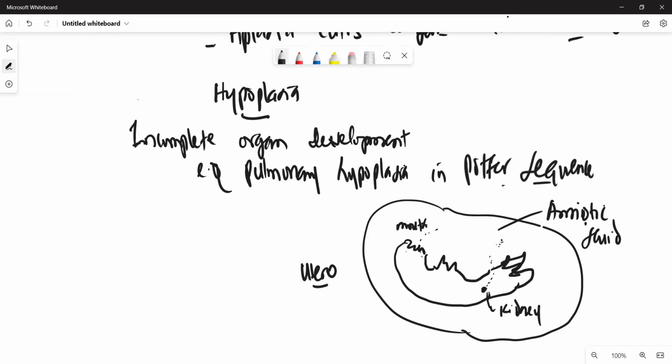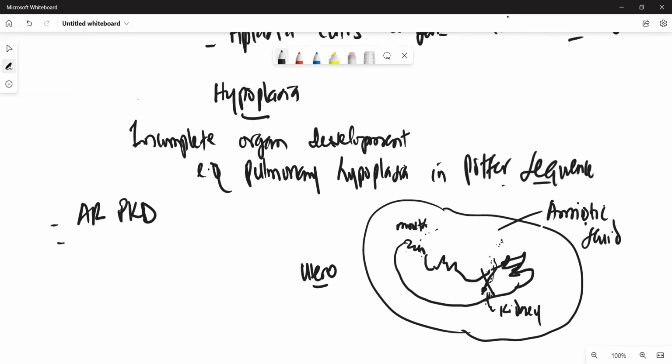So if there's any condition that prevents the fetus from urinating, maybe because they have autosomal recessive polycystic kidney disease, which could occur in the uterus, where on ultrasound you're going to see bilateral kidney enlargement with a lot of cysts in it.